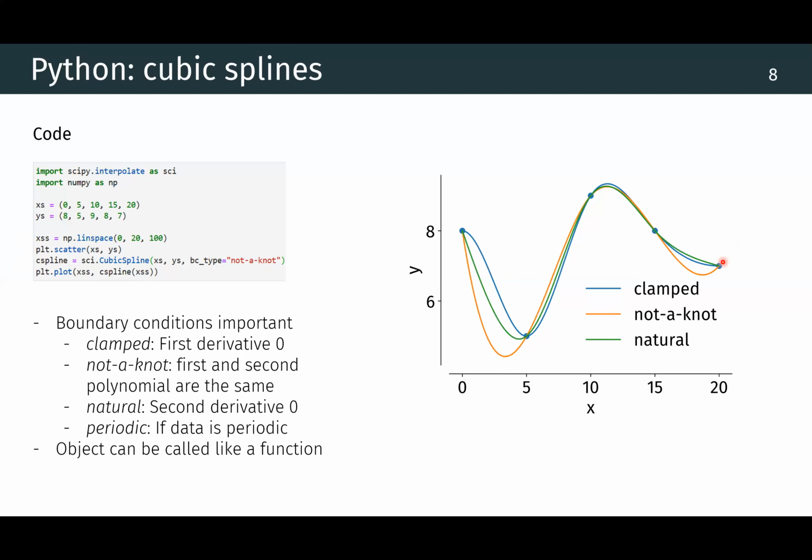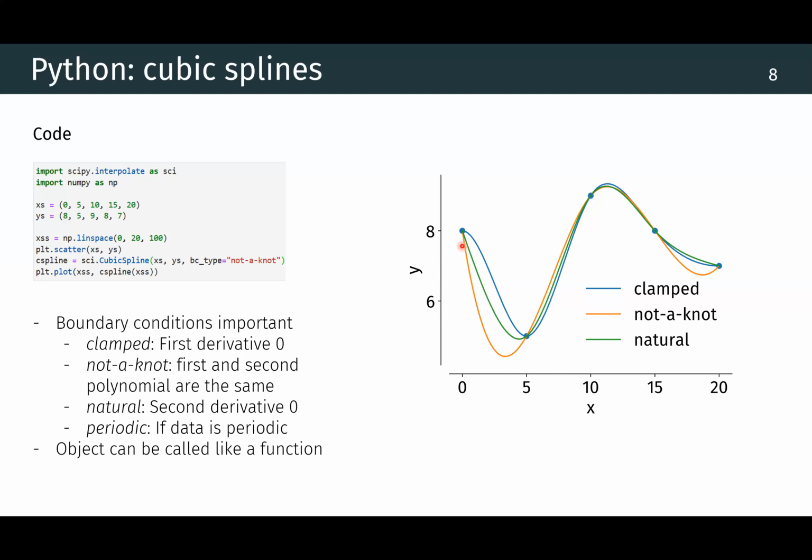And at this edge, there is no polynomial after. So we need something to substitute for that. And this, in fact, is what we have. This is the boundary conditions. So this stands for boundary condition type. And there are a few popular solutions to that problem. These are the ones that you see here.